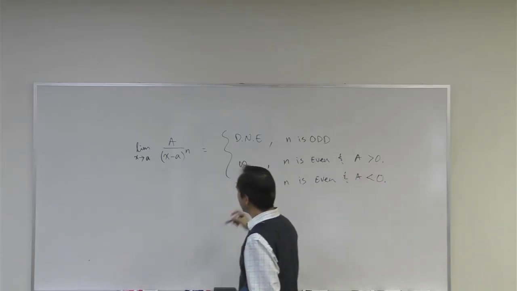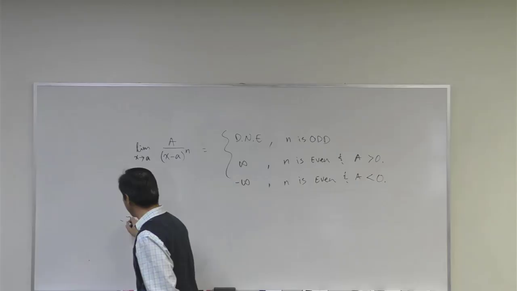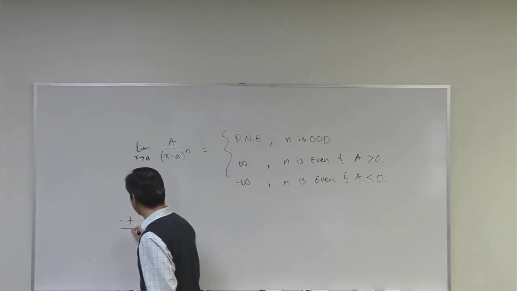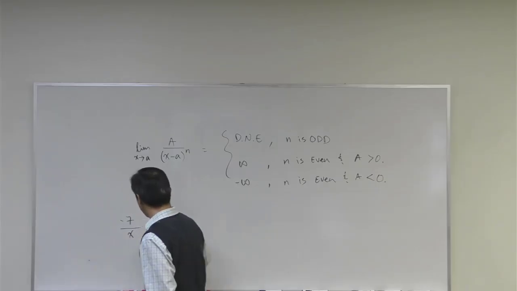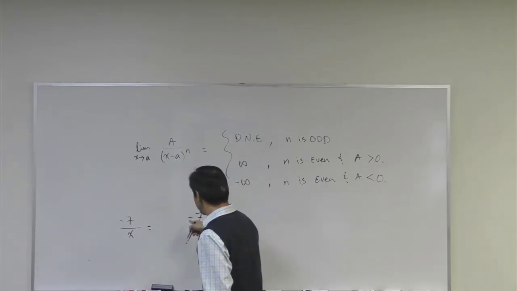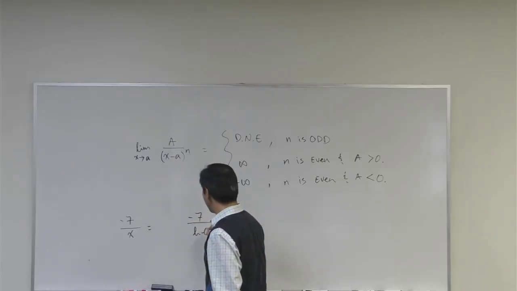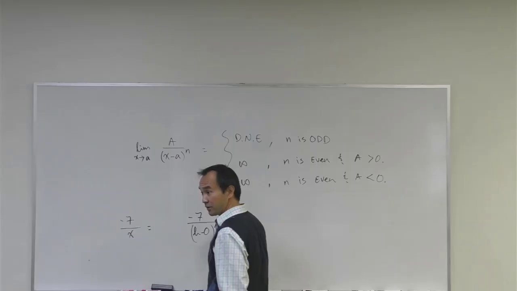But see, the case that we have right here is -7 over h, or over x. The way I'm seeing this function is that the -7 is in place of the coefficient, and it's really h minus 0 to the first power, so it's an odd power, going to that pole right here.